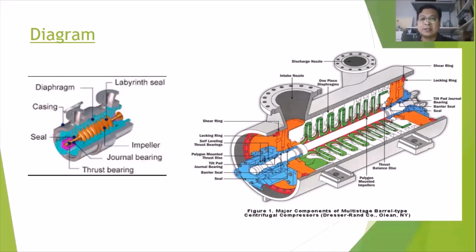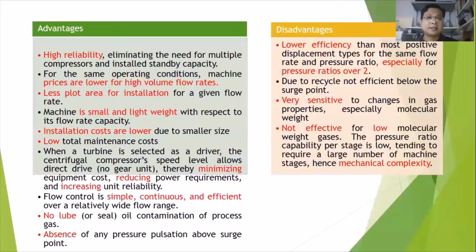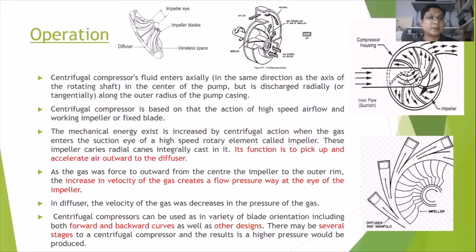You can see after going through one stage, it goes to the second stage, and so on until it finishes. You can count 1, 2, 3, 4, 5, 6, 7, 8, around 8 stages here. In operation, fluid enters axially, like I mentioned before, and then goes radially here. You can see from the figure.